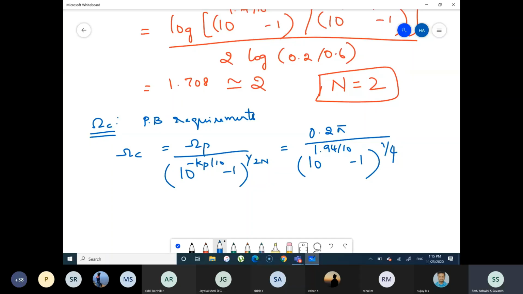Simplify that. So that's around 4.46 radians per second. 4.46 radians per second, you're going to get omega c.